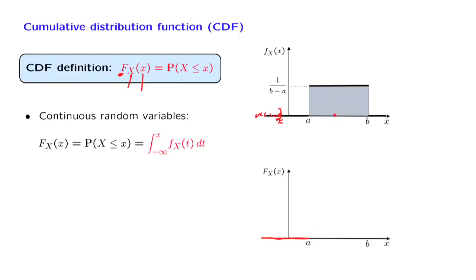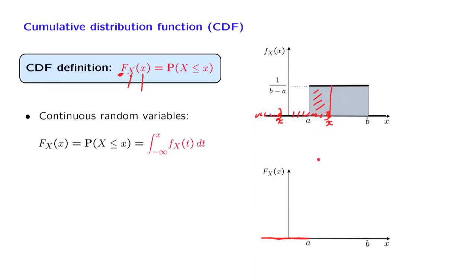How about the case where x lies somewhere between a and b? In that case, the probability that our random variable falls to the left of here is whatever mass there is under the PDF when we consider the integral up to this particular point. So we're looking at the area under the PDF up to this particular point x.